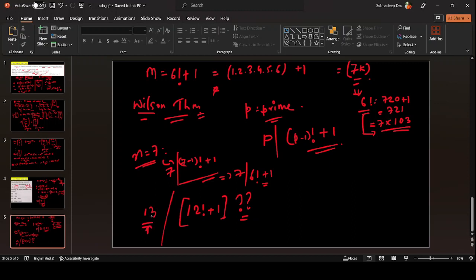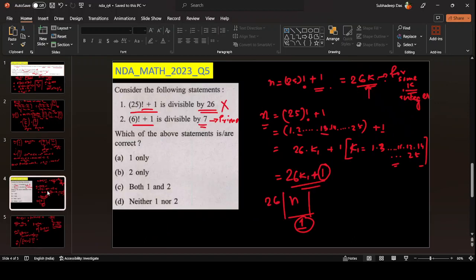Yes, it is a prime number. So (p minus 1) factorial plus 1 is divisible by 13. So statement 1 is false, 2 is true. So the correct option is 2 only.